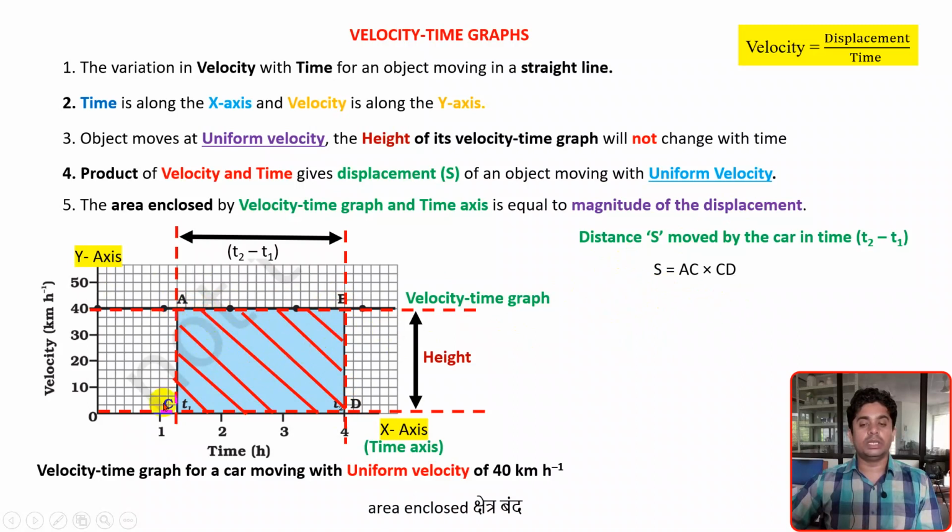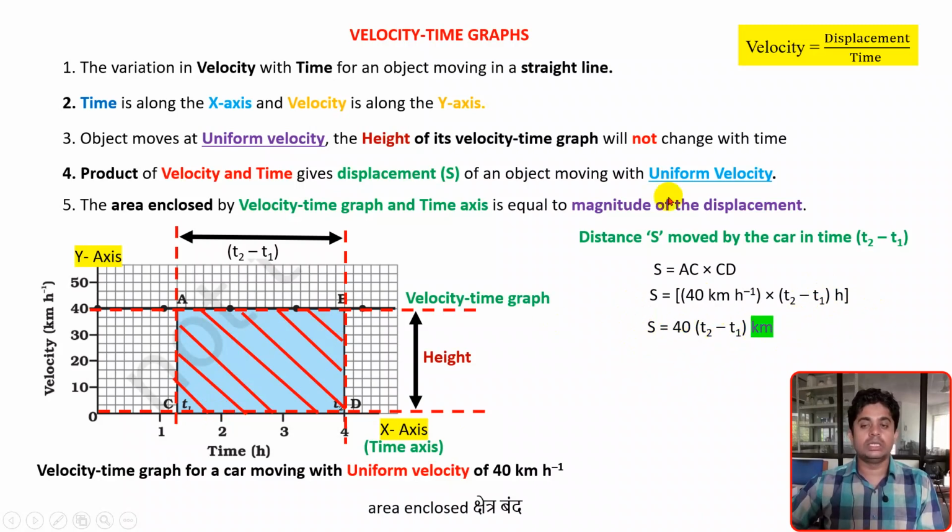Obviously, S is equal to AC into CD, where AC is the height and CD is the base. AC is the height at which the car is going with uniform velocity, and CD is t2 minus t1, the corresponding time in hours. So S will be 40 into (t2 minus t1) kilometers, right?